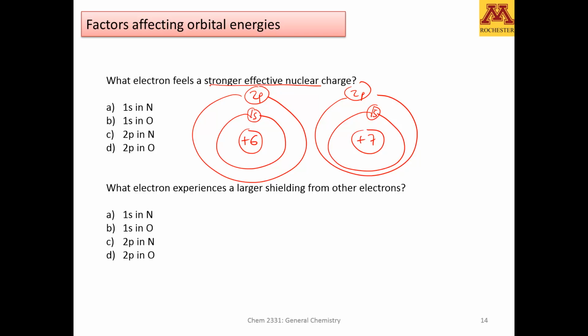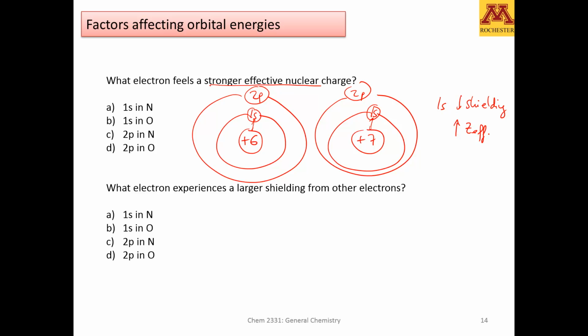First of all, the closer to the nucleus, the less shielding there will be. So the 1s will have less shielding because the electrons in the 2s and the 2p will not be bothering, and therefore if there is less shielding, there is a larger effective nuclear charge.